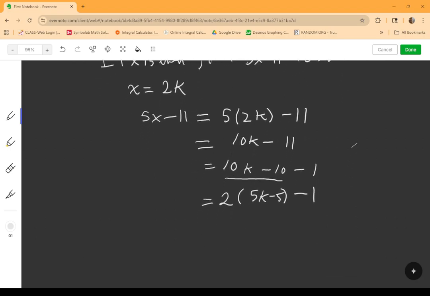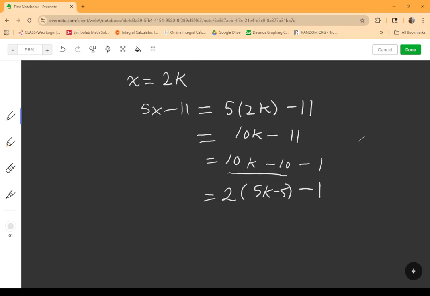Now I have an even integer subtracted by 1. That is the form of an odd integer. I know we say plus 1, but minus 1 has the same effect, because if 2k is even, the number next to it, after it or before it, is odd. So we can see that therefore 5x minus 11 is odd.